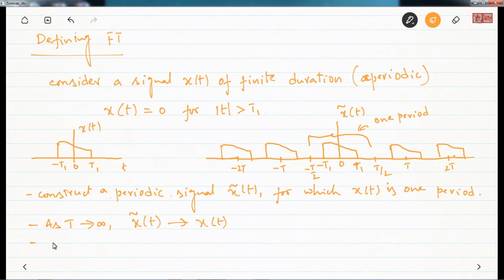Now x tilde of t is a periodic signal, so consider its Fourier series. We know that any periodic signal, if it satisfies the Dirichlet conditions, and here this signal satisfies the Dirichlet conditions.